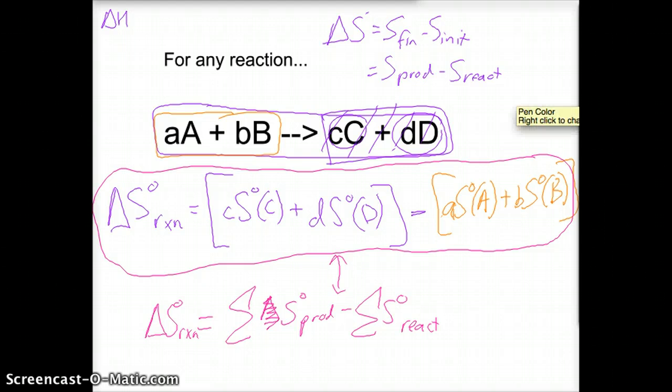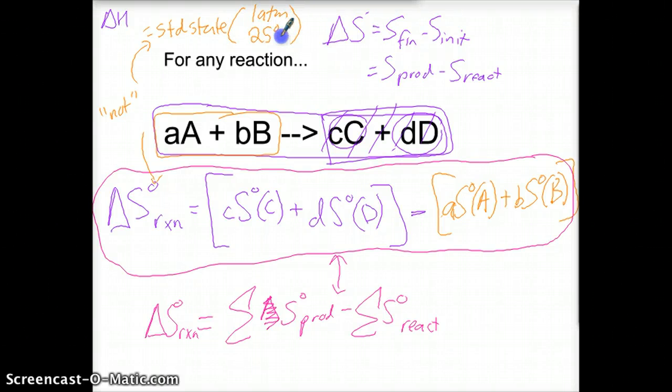Small little note, this little naught, pronounced "not," at the top means standard state. So these measurements are all done at the standard state, which is a pressure of 1 atm and 25 degrees Celsius. Different than STP, but this is the same conditions for thermodynamic calculations, so it's the same as it was for enthalpy. So how do we use this information?